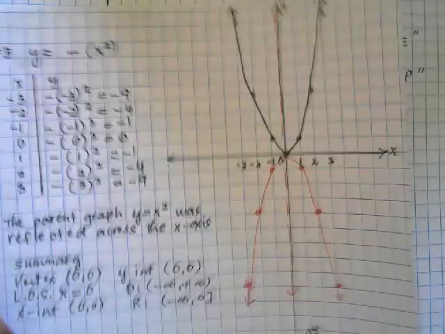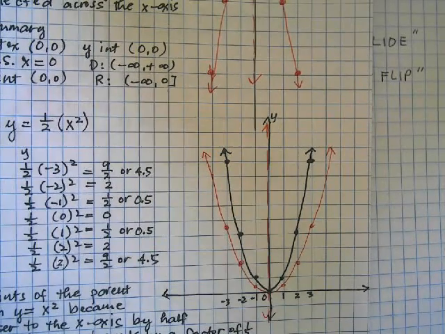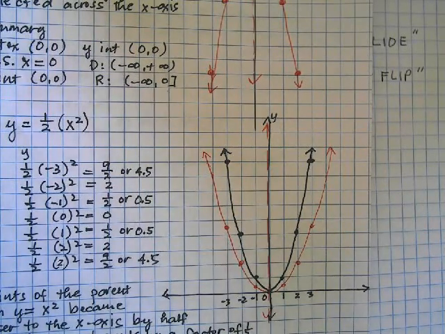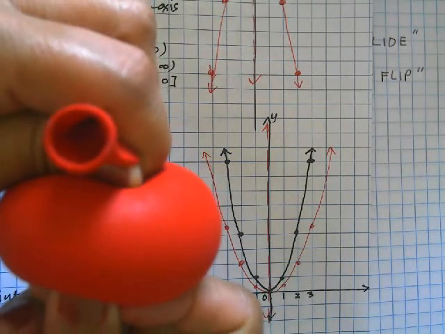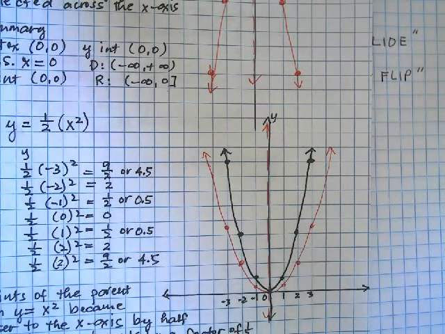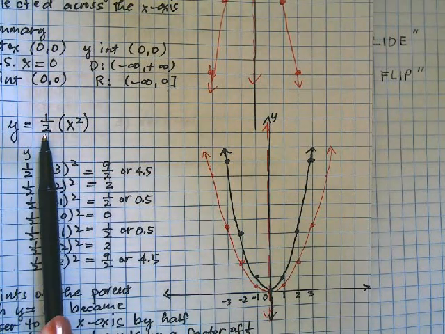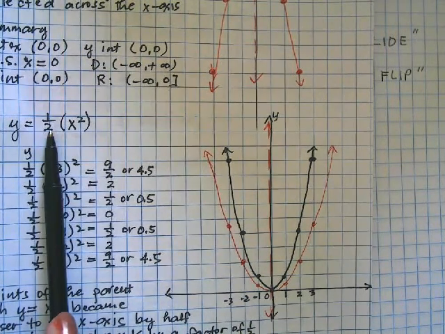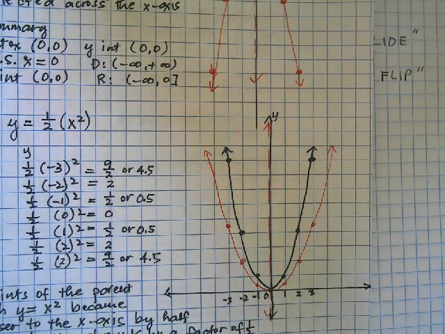And then there is also this vertical shrink. As you could see, like I said, if you have a shrink, it becomes wider. The shrinking is this number here. That's what brought the shrinking. If it is smaller than 1, it becomes wider, the opposite.